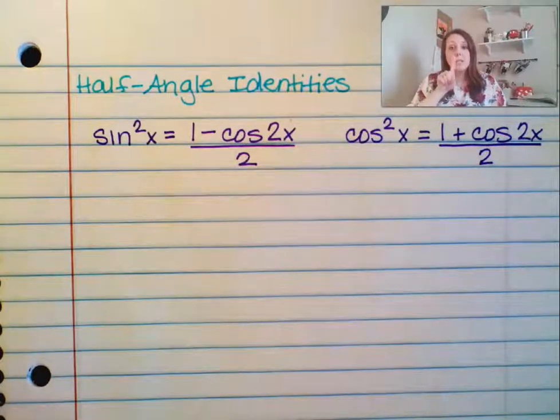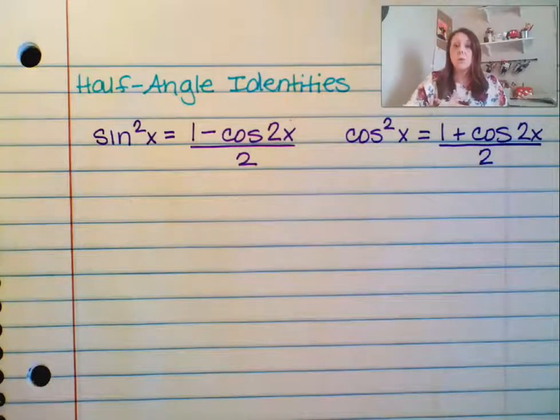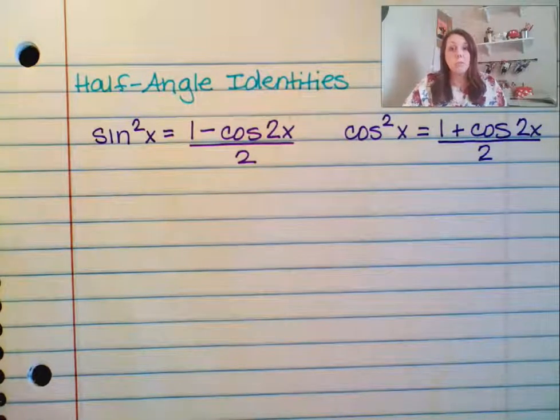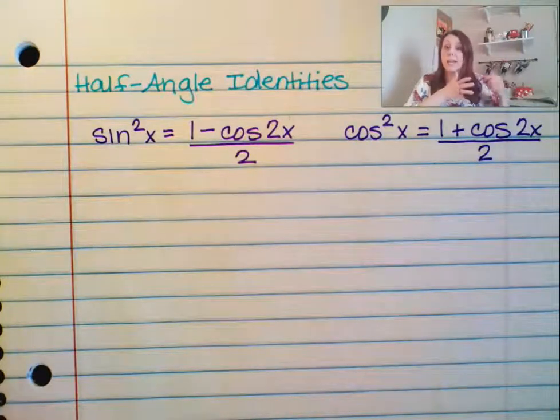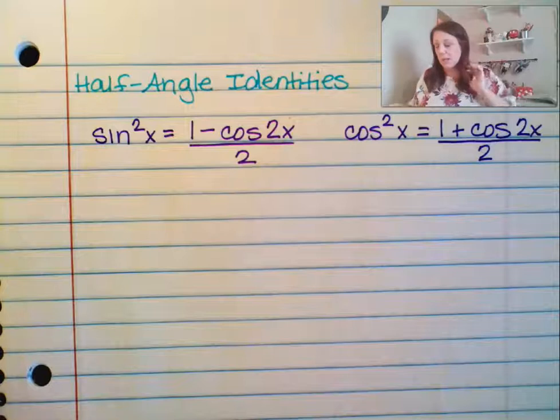What we ultimately want to start with in step 1 is to simplify that sine squared or the cosine squared into a single sine x or a cosine x, which ultimately means we need to get rid of that exponent of 2. Now we know with any quadratic expression, if you're trying to eliminate that exponent of 2, you do that by applying a square root to both sides. And that's what we're going to do here.